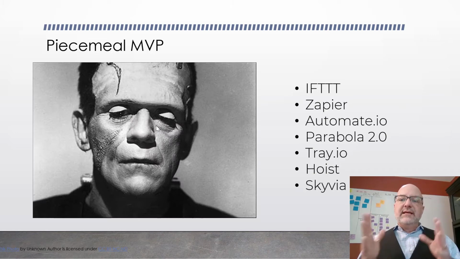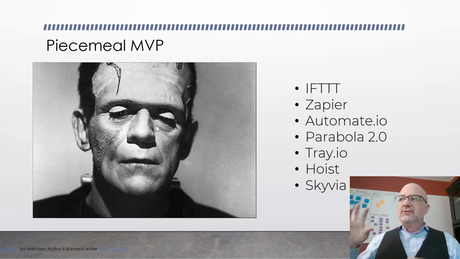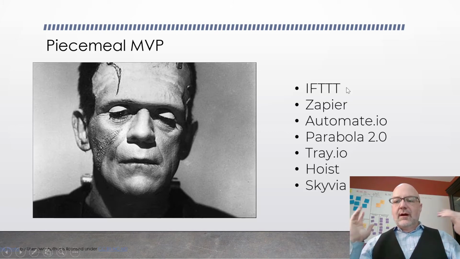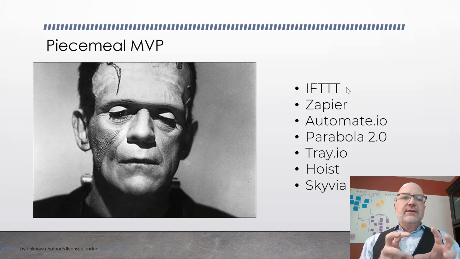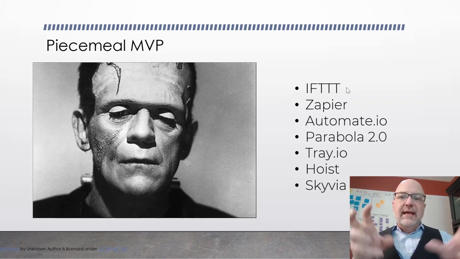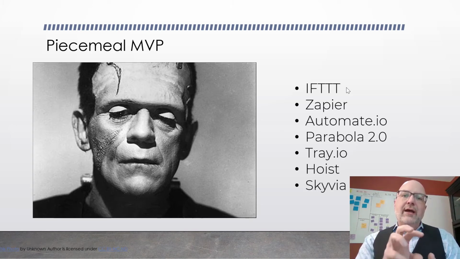The next is the Piecemeal MVP. This is one that actually delivers something that kind of runs, sort of like Zappos did, but it Frankensteins it together. So it uses tools like IFTTT, Zapier, Automate, and all these different tools that pull together different tools on the internet so that you can put them together in a unique way, using APIs to get into these different tools.